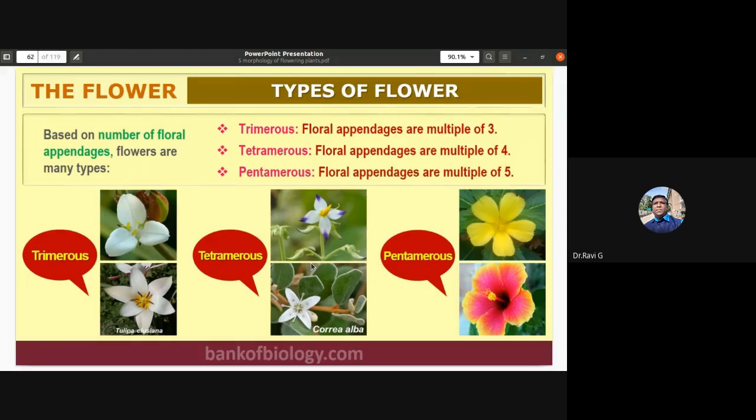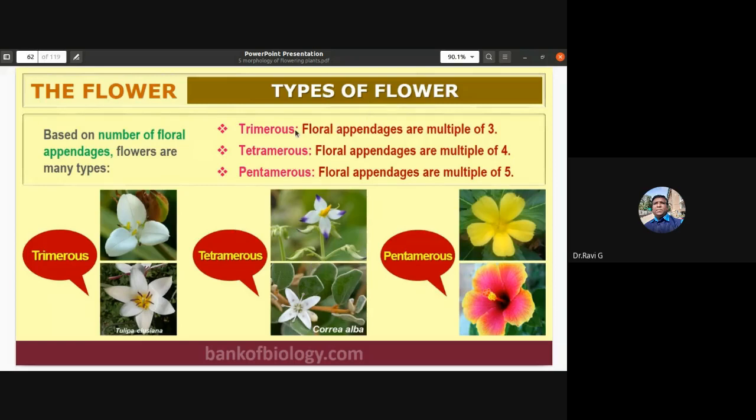So if a flower shows its floral appendages arranged in threes or in multiples of three, like in some of them the tepals might be an outer whorl of three and an inner whorl of three, that is three plus three. If you notice this sort of condition, where all the whorls of the flower are in three or multiples of three, we call those flowers trimerous flowers.